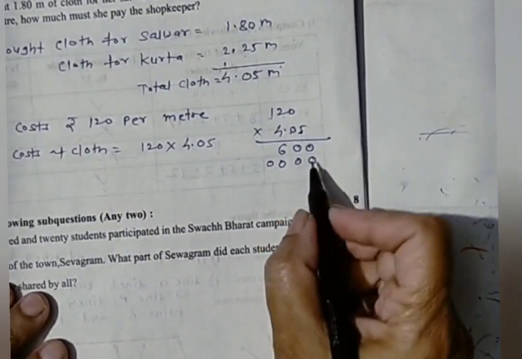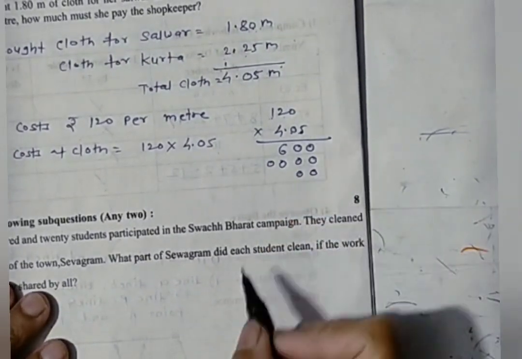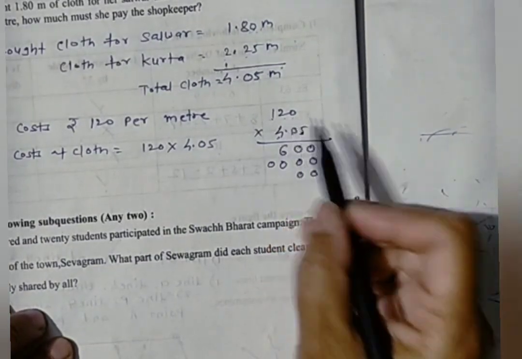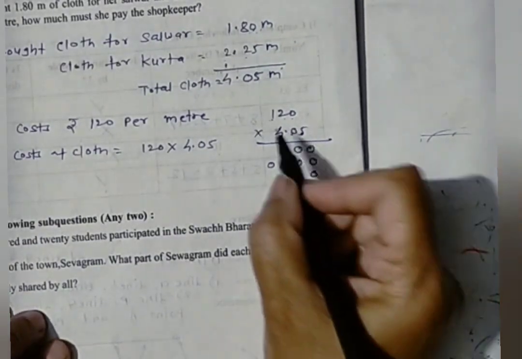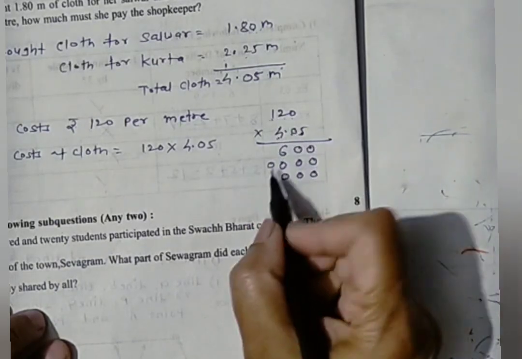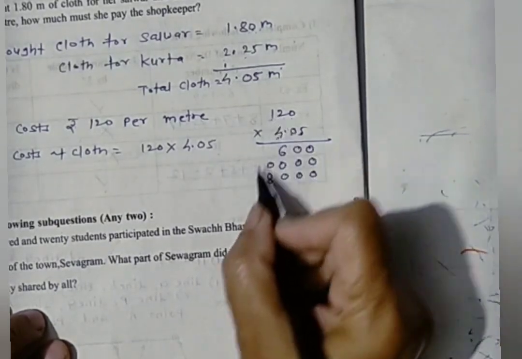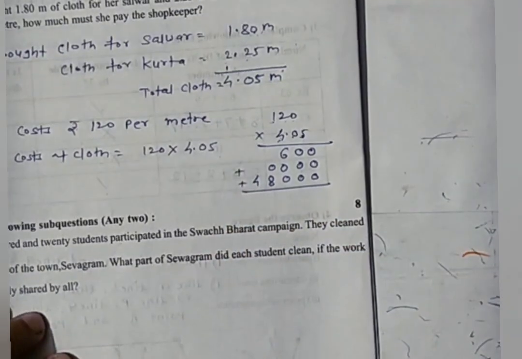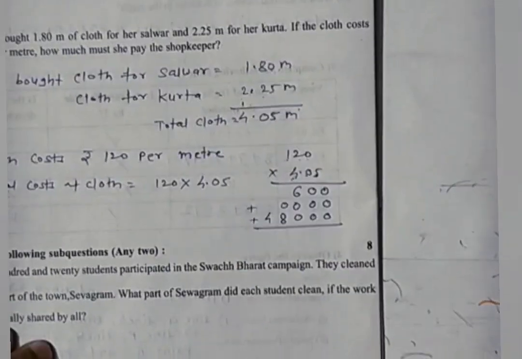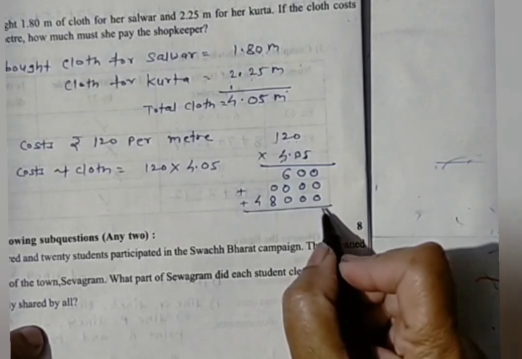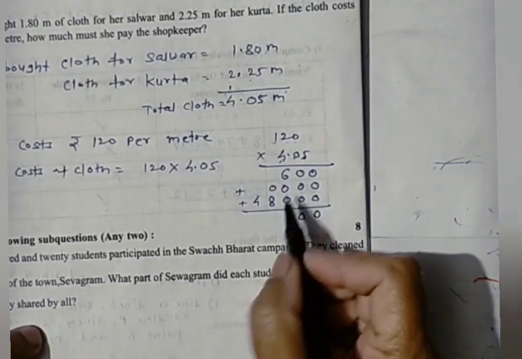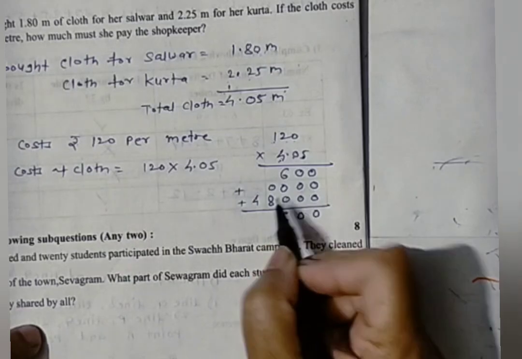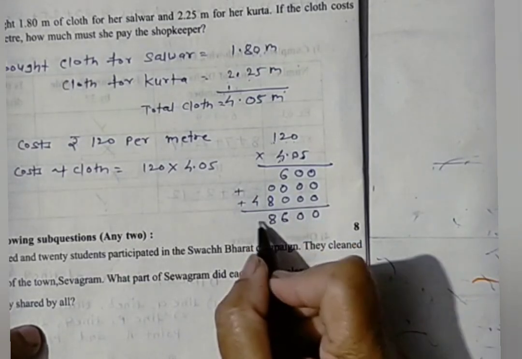Then now multiply by the next digit, so take two zeros here. Then multiply by 4. 4 multiplied by 0 is 0. 4 2s are 8 and 4 1s are 4. Take the sum here. 0, 0. 6 plus 0 plus 0 is 6. 0 plus 8 is 8. 4.